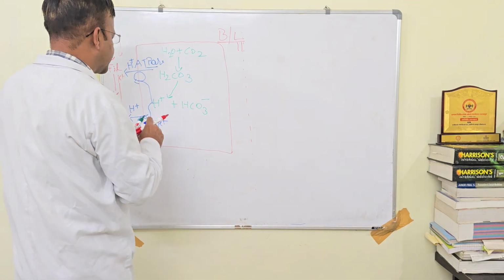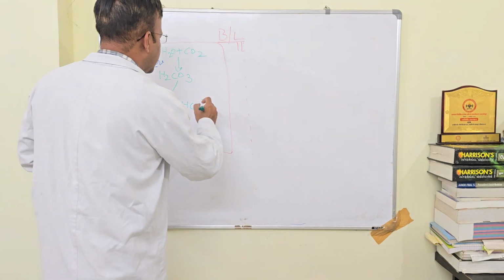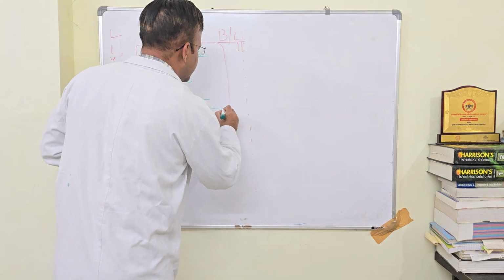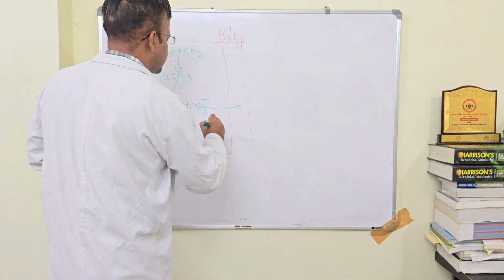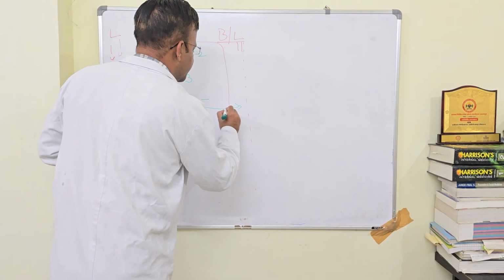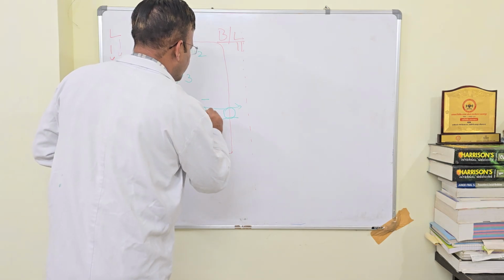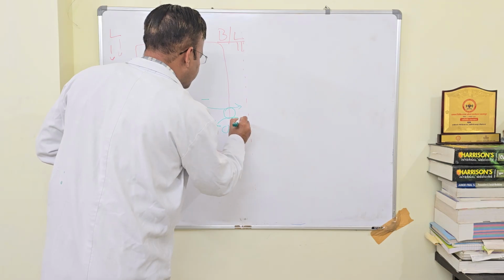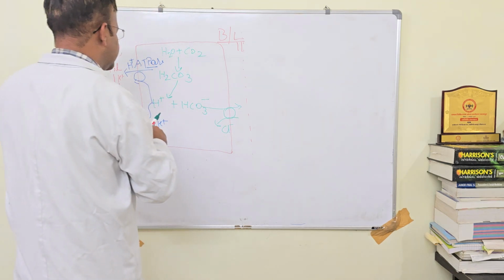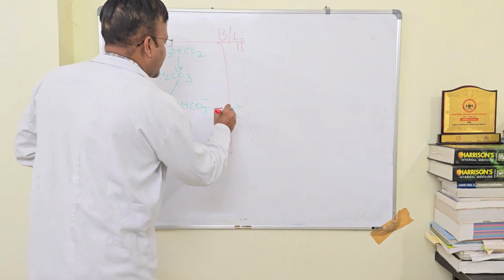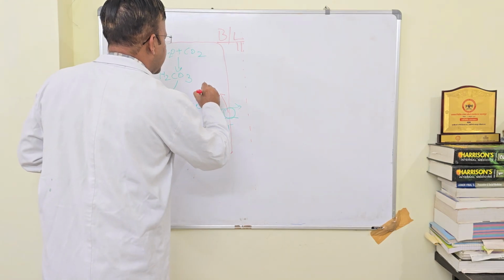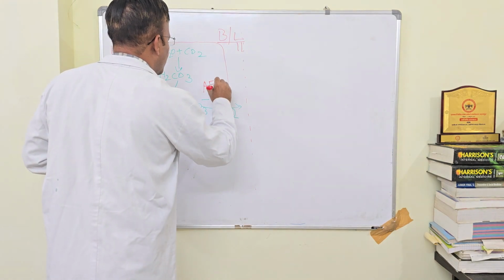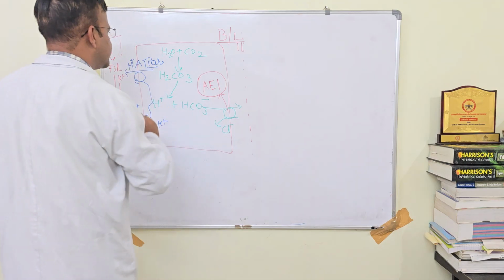Now this bicarbonate will get reabsorbed into the blood with the help of an exchanger. That is, bicarbonate will be reabsorbed in exchange for chlorine, and this ion transporter is called AE1, anion exchanger 1, right?